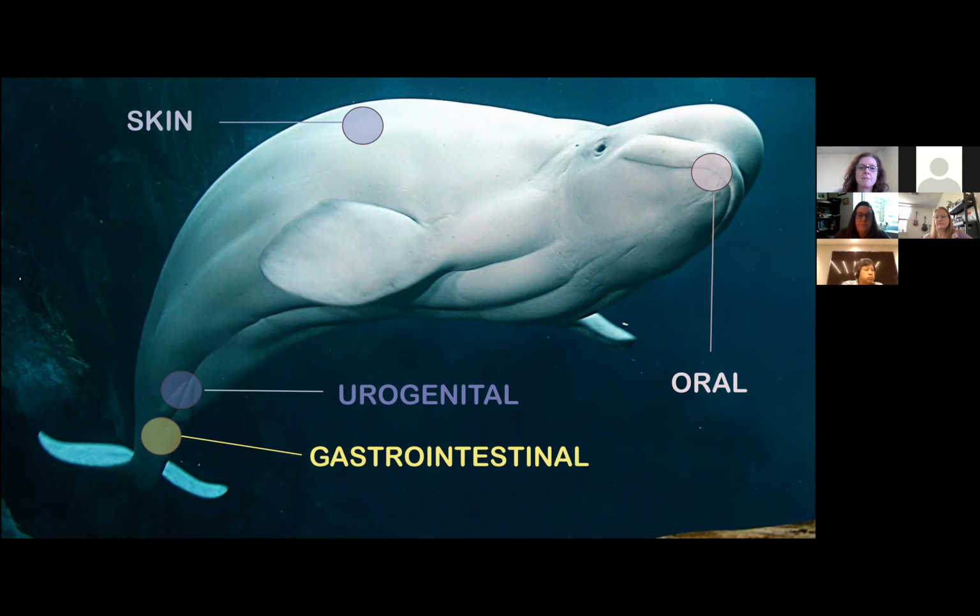Something to note and unusual about the skin of marine animals is that their skin microbiome is distinct from the environmental microbiome that they're living in. So the ocean water has its own microbiome, and that is very distinct and different from the skin microbes that are actually living on these animals.